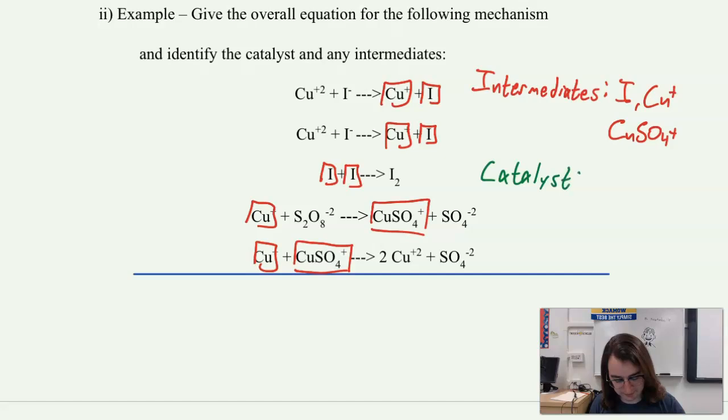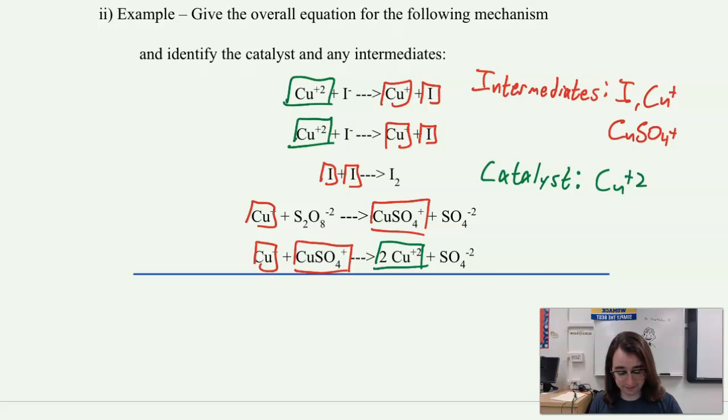Now let's see if we can find the catalyst. The catalyst is something that is used as a reactant and then comes out later as a product. So I have Cu plus 2 here, which starts as a reactant, and then at the end of the reaction, it comes out as a product. So I would say that is the catalyst. Everything left over, those are the things that we are going to drop down and use in our overall reaction.